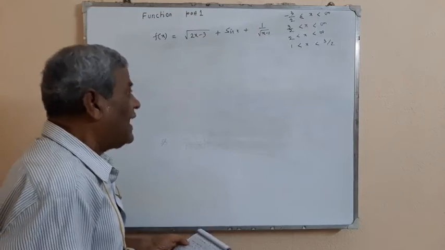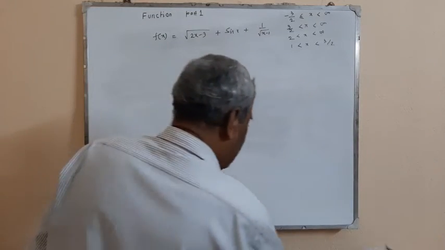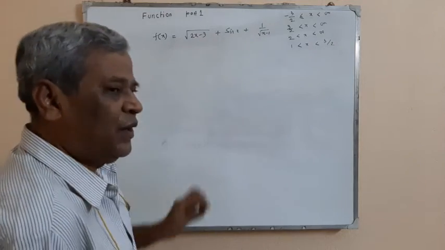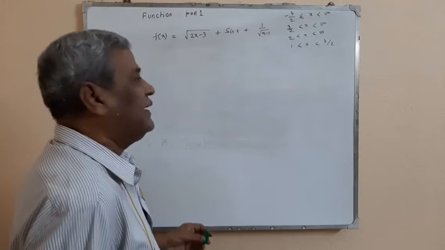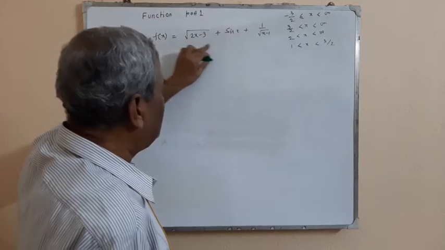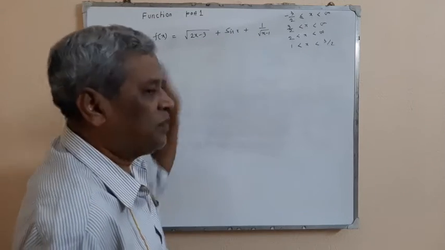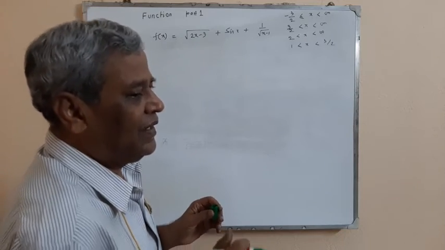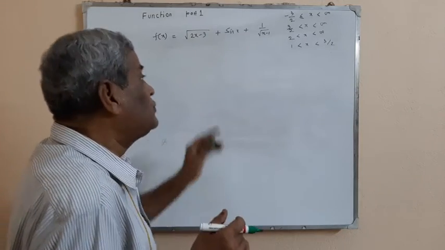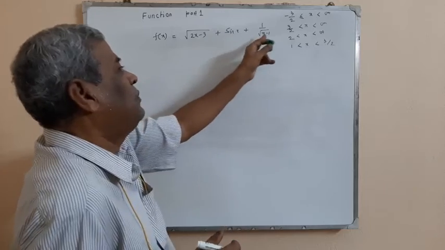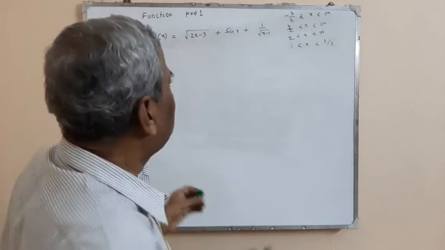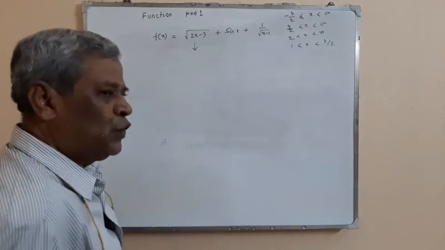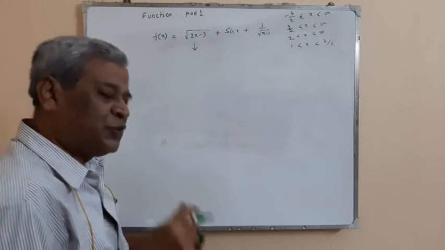So actually the function has 3 parts. One by one we have to find the domain of each part, and after that we have to collect the common values of the domain of definition of these 3 parts. For the first one, it is under root, so it should be real.